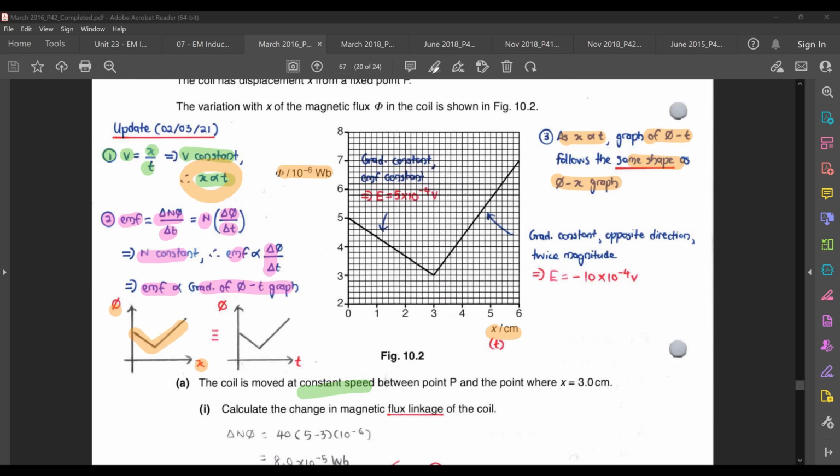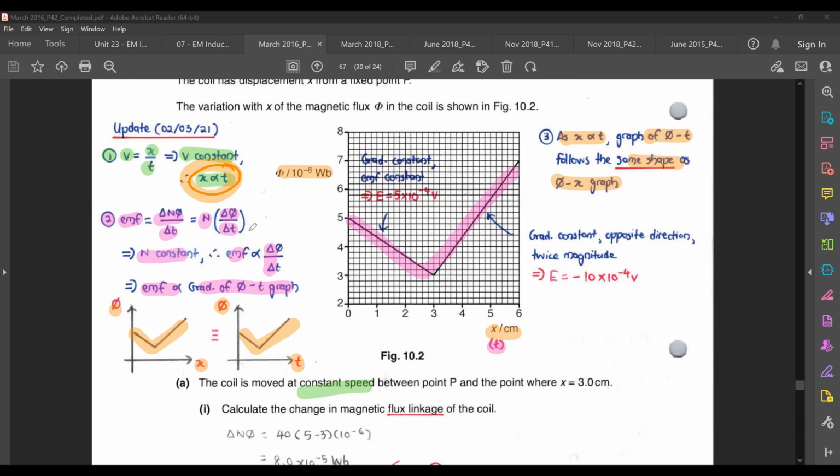But because you know that x is proportional to t, you could also then say that flux versus time will follow the same shape. So in this existing graph, if this is flux versus distance, a graph of flux versus time will also have the same shape right over here.